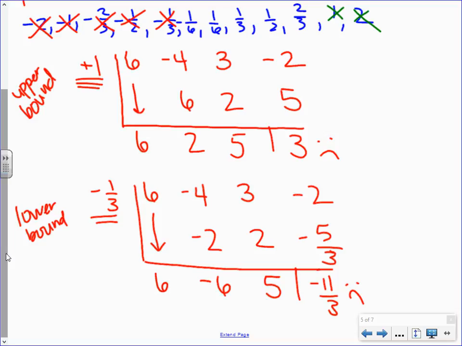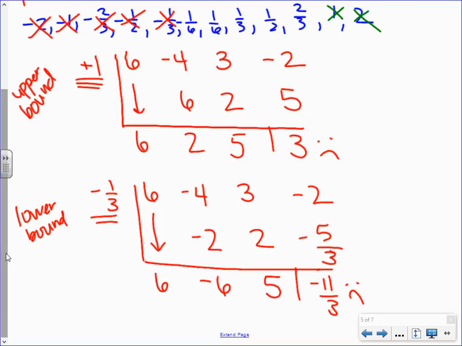As long as it alternates signs, you're good. But it doesn't have to include the C and alternate? No, it's just the last row that needs to alternate. Also, if there's a 0, it could count as a positive or a negative. So if this were a 0 instead of a 5, we could still say that the signs were alternating. Does the remainder count as well? Yes.